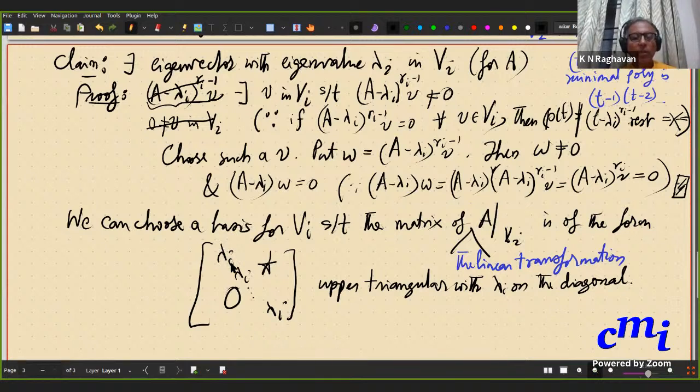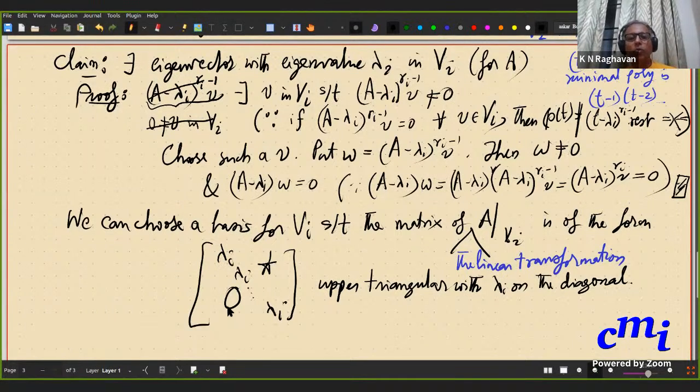If I complete V1 to a basis, then the expression for A V1 in terms of V1, V2, V3, etc. is precisely lambda I V1 plus 0 V2 plus 0 V3, etc. So this first column becomes lambda I, 0, 0, 0.